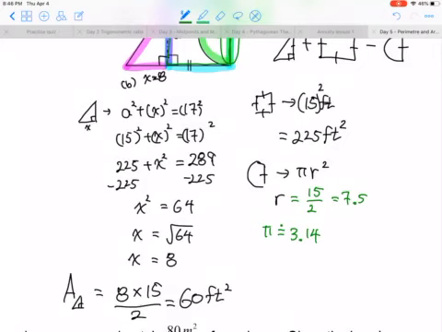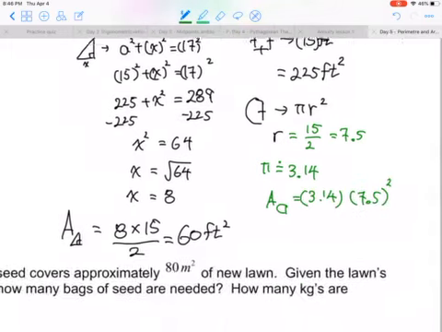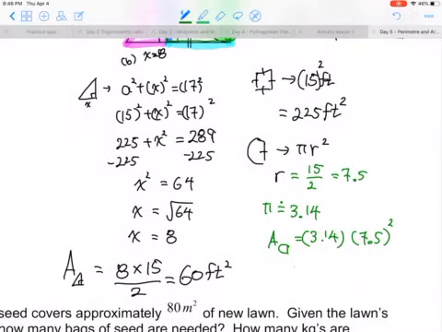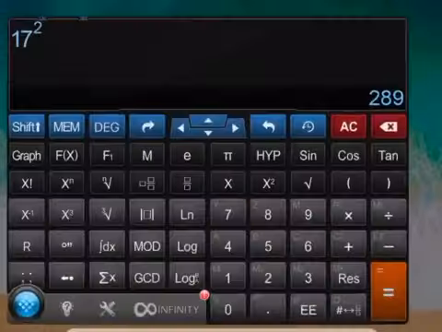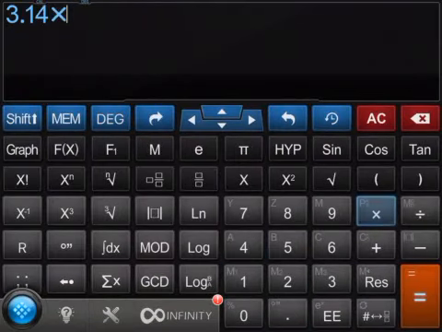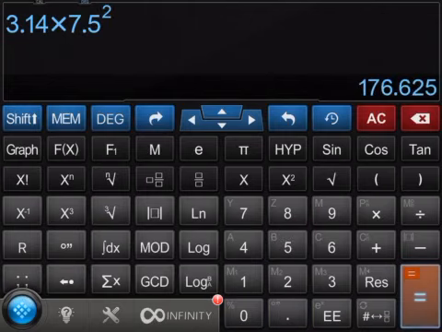So the area of the half circle is 3.14 times 7.5 squared. So using your calculator, 3.14 times 7.5 squared.